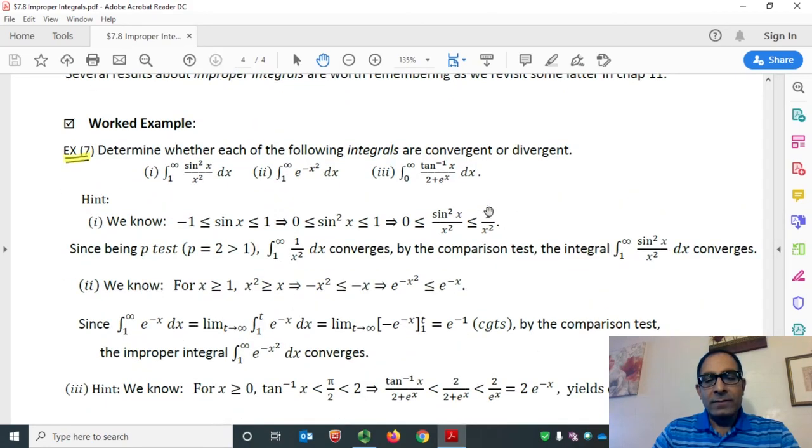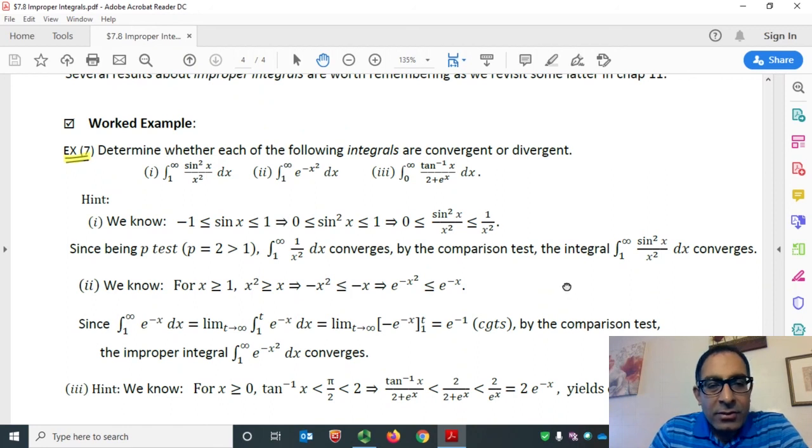The integral from 1 to infinity of 1 over x square, here p is 2, greater than 1, so this converges. So the bigger integral converges means the smaller integral automatically converges. But here we don't know what number it converges to, but at least we can guarantee that the given integral converges. I hope it makes sense to you all here.